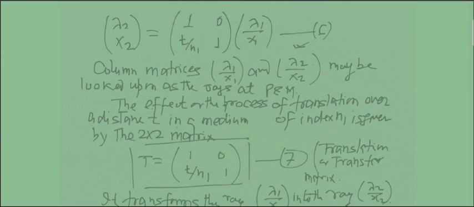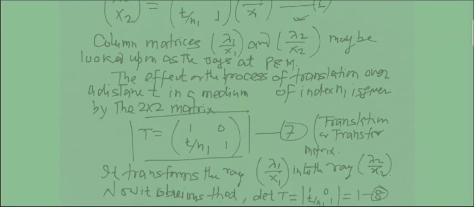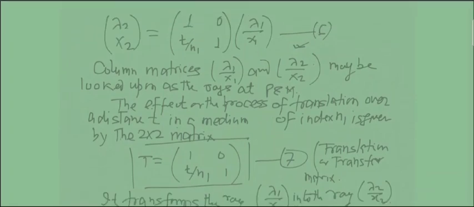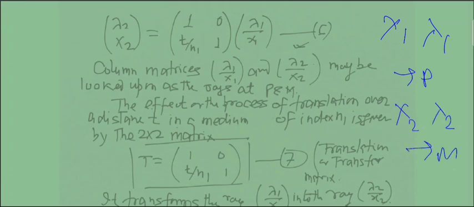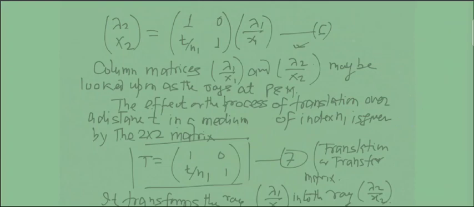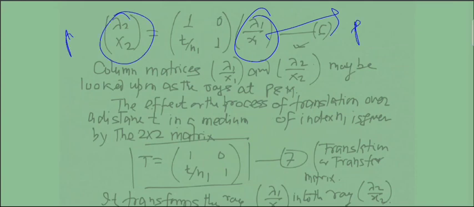Column matrices lambda 1 x1 and lambda 2 x2 may be looked upon as the rays at P and M. I have already told you that lambda 1 x1 comma lambda 1 are the coordinates of point P, and x2 comma lambda 2 are the coordinates of point M. So the matrix corresponding to point P represents the ray at point P, and this represents your ray at point M.